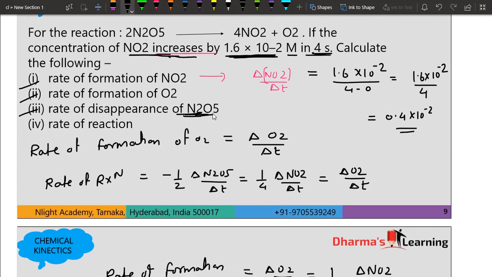What next do we want? Next we want the rate of the chemical reaction. The rate of a reaction can be written as minus 1 by 2 delta N2O5 by delta T, or 1 by 4 delta NO2 by delta T. You can take anything, or you can represent it with the change in concentration of oxygen divided by change in time.